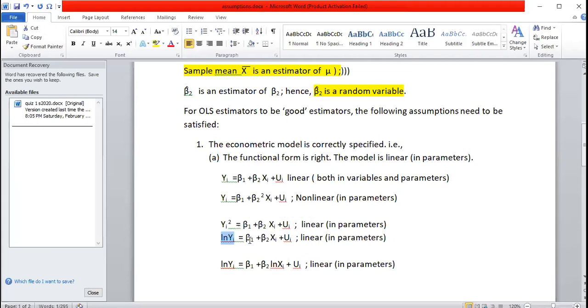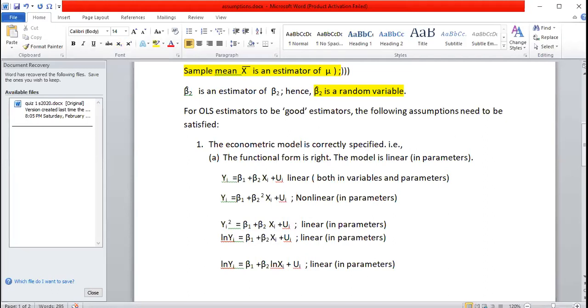Log of y equals beta 1 plus beta 2 xi plus ui. It's not linear in variables. Here is the log in y. But it's linear in parameters. Can you apply OLS, ordinary least squares, to estimate beta 1 and beta 2? Yes. If you do that, will you get good estimates of beta 1 and beta 2? Yes.